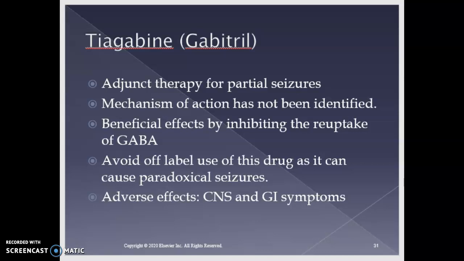Sometimes the adverse effects will result in stuttering or a loss of sensation in the fingertips. It can also cause confusion. We do avoid off-label use of this drug because it can actually cause paradoxical seizures in a patient who does not have seizures, but perhaps one of those other disorders that we use some of the anti-epileptic drugs to treat.